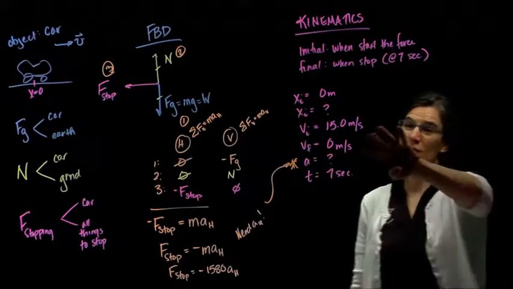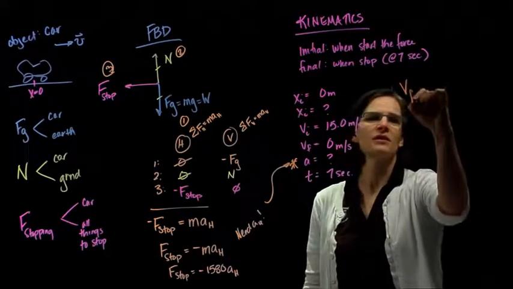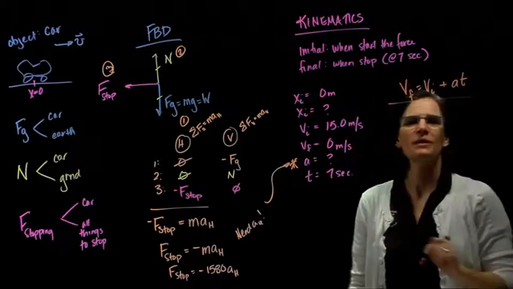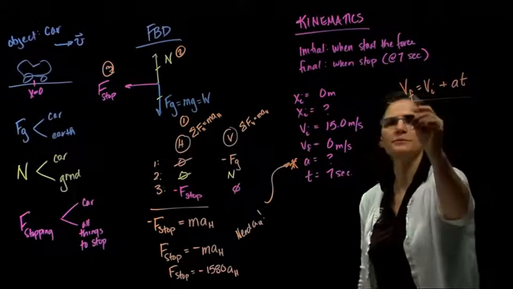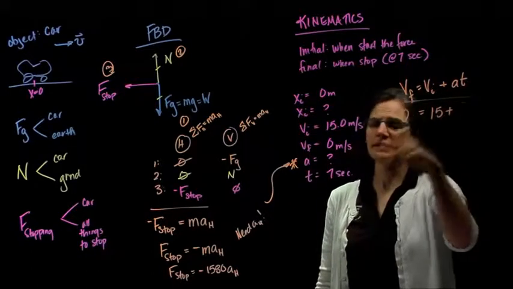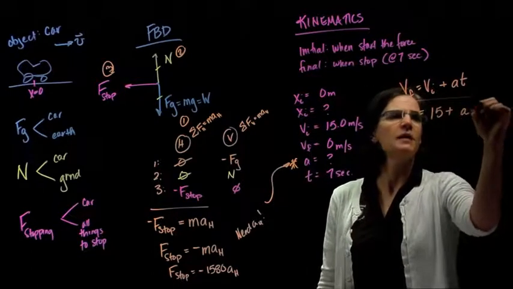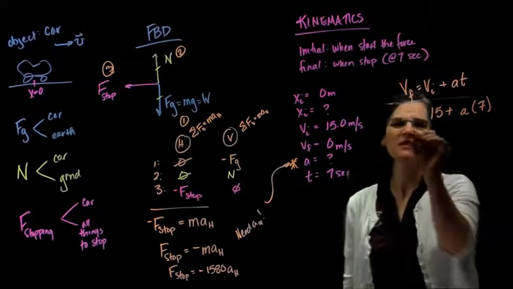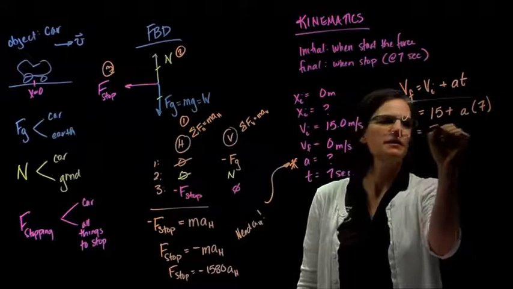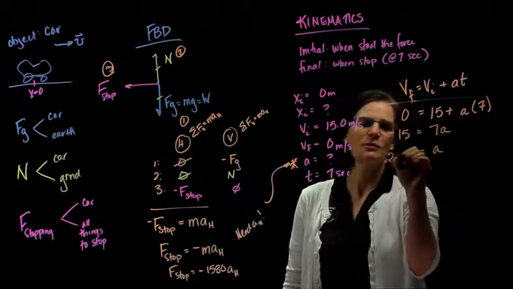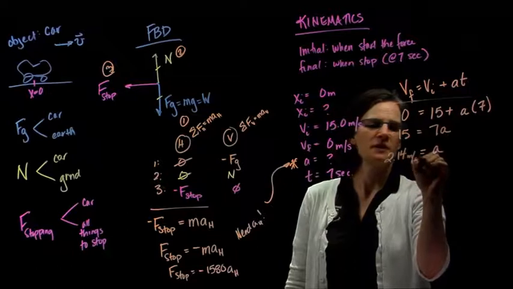Well, we know more information about velocity, so let's start with that one and see if it gets us what we need. V final, 0. V initial is 15 plus an acceleration, of course we don't know, times our 7 seconds. So we can solve for acceleration. Minus 15 equals 7a. A then equals minus 2.14 meters per second squared.